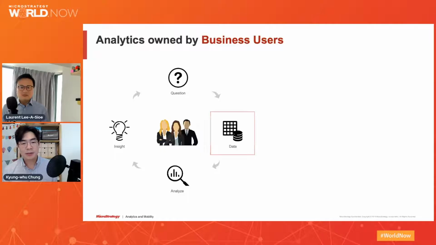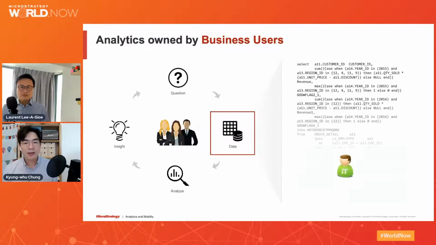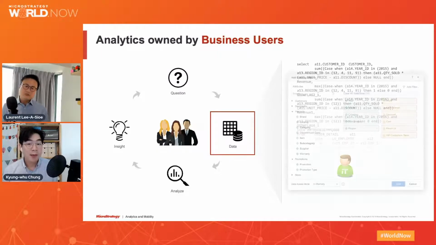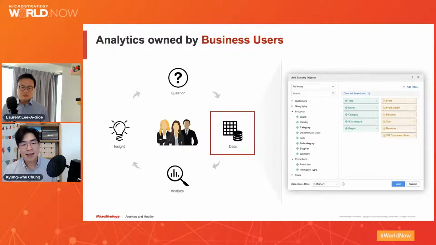As I said, the typical way of getting the data is to write SQL myself or ask IT to write the SQL for me. But with the semantic graph, I, as a business user, without any understanding of how to write it or how to join it, can simply select which fields and which filters I want to apply to a data set.